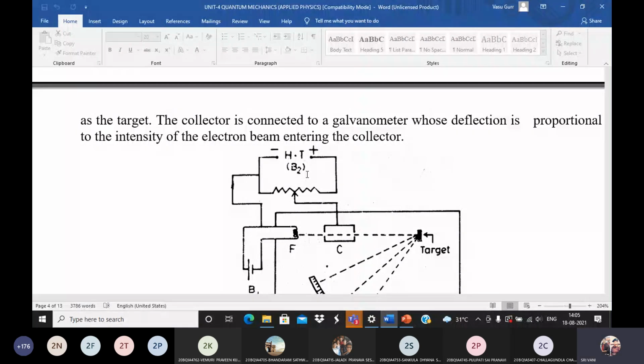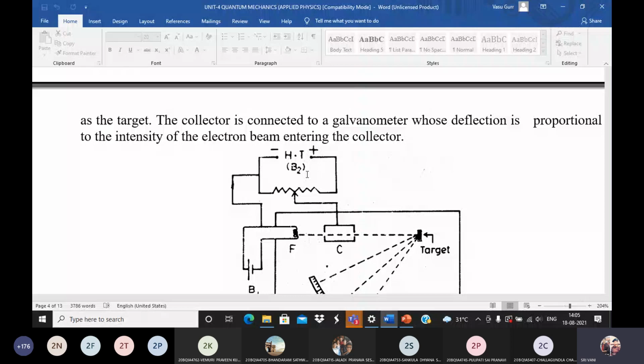So in this experiment, from the beginning to the end, one by one: this is the electrical battery B2 with 2 terminals, positive and negative. The next one, B1, also with positive and negative. This is the electron gun which has filament F. When we supply these electrical batteries to the electron gun filament, electrons are accelerated.